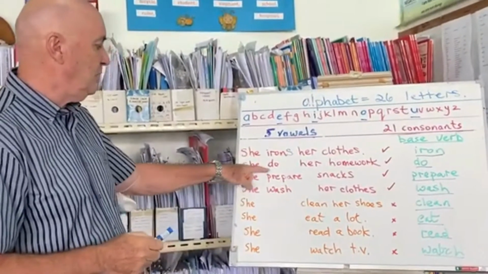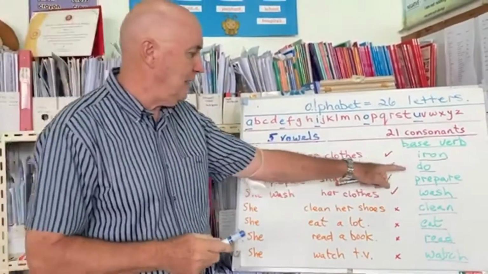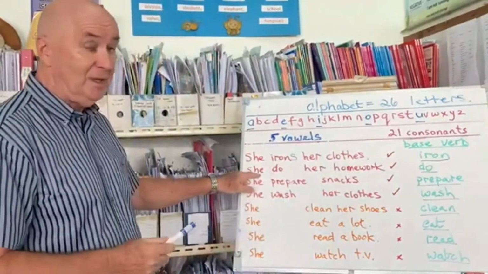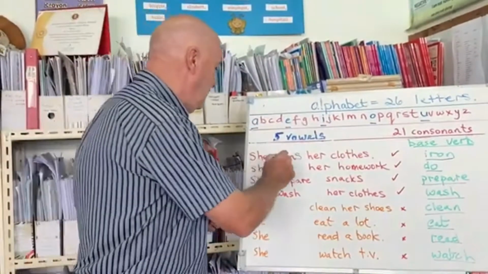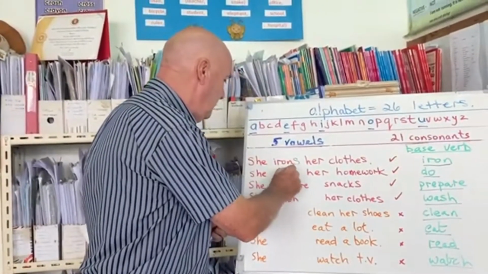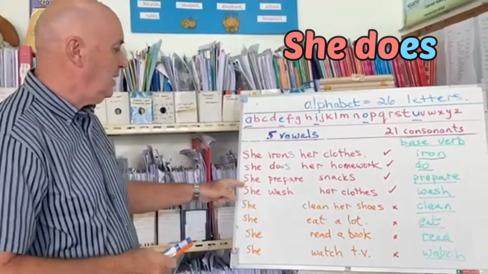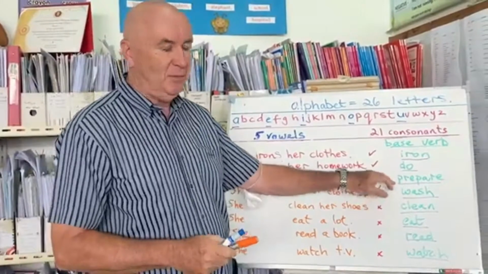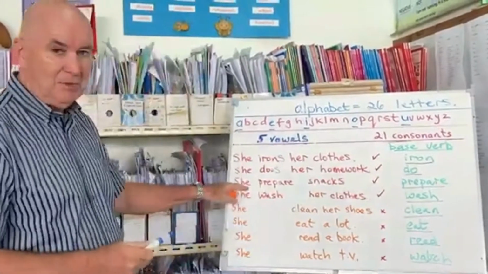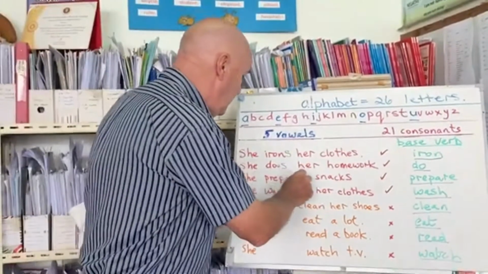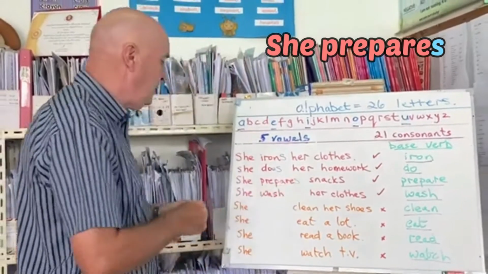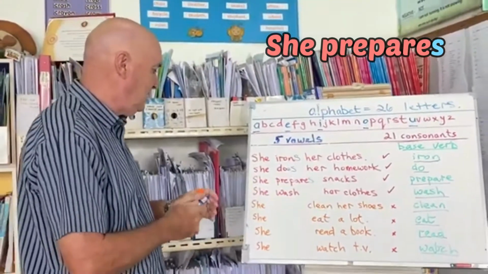Okay, number 2, do homework. Our base verb is do, the subject is she, so we have to change do to does. Okay, number 3, our base verb is prepare, the subject is she, so we have to put an S on the base verb. She prepares.